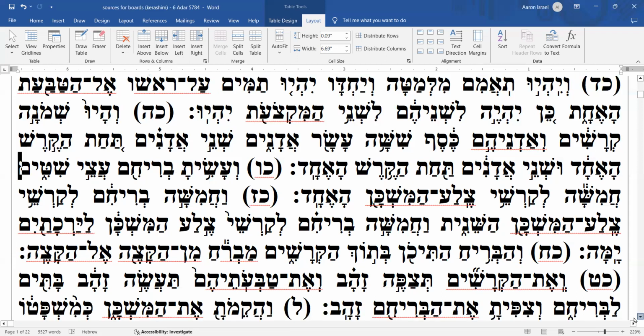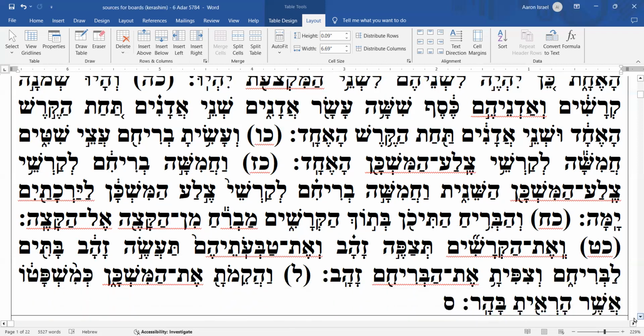The et hakrashim titzapeh zahav. The krashim are to be coated in gold. The tabotehem taseh zahav, and you have to provide them with rings of gold. Batim labrichim, which in addition to the tabaot on top, we have tabaot on the side that are batim labrichim. Those are to house the poles, and then v'tipito tabrichim zahav.